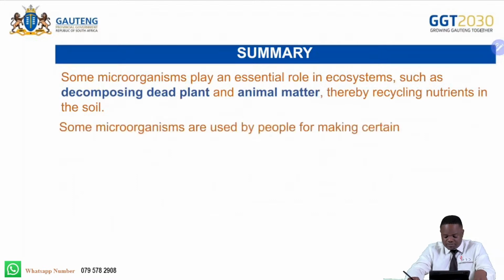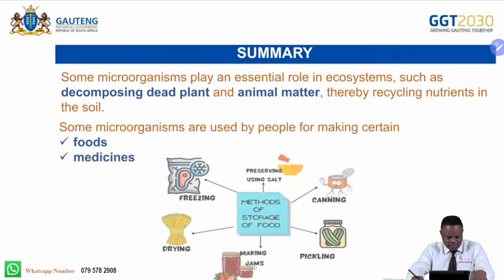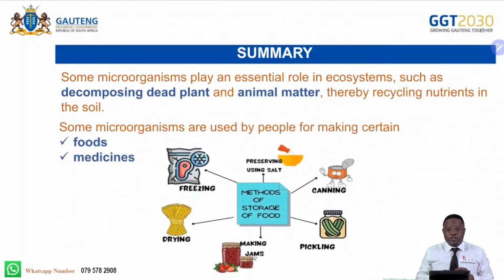And then we said some microorganisms are used by people to make food. Remember the different kinds of foods that we mentioned, and then also to make medicines. Remember how penicillin was discovered. Right, and then lastly, we looked at the different methods to preserve our food to make it last longer.